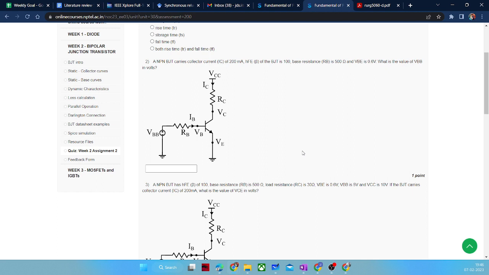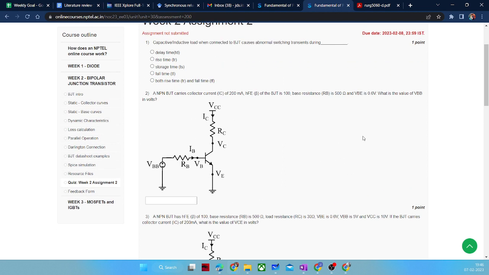But over there, IC is there, so you can calculate that RC. IC is there, but VC is not there. Basically, for 8, you can consider 15 for VCC. The equation that connects is VCC equal to IC RC plus VCE, right?